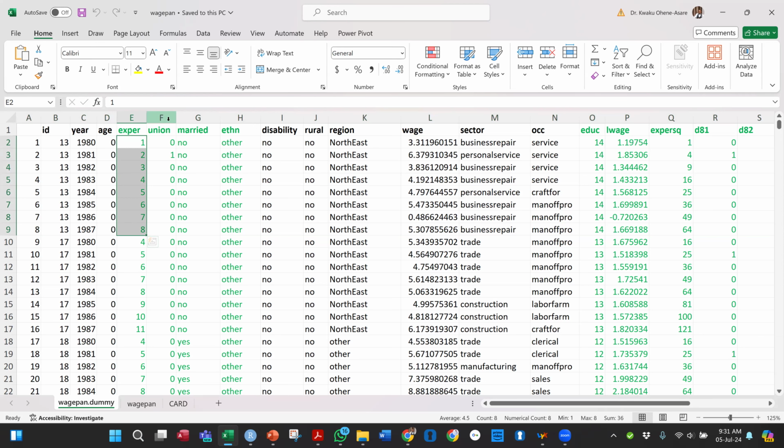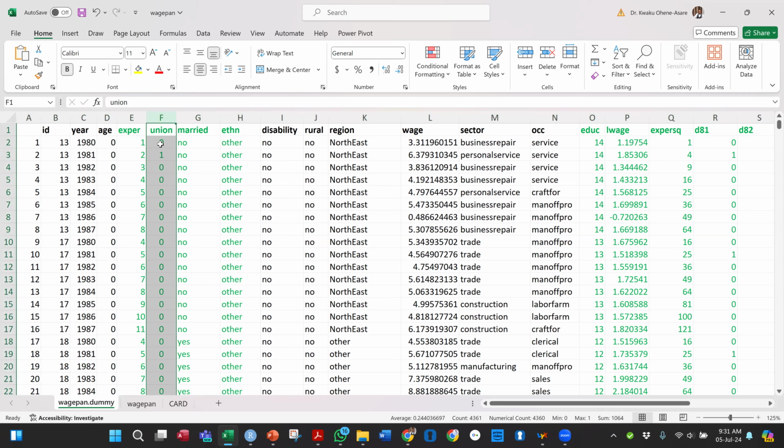Whether the person belongs to a union or not is a dummy. You will notice that in the first year, this 13th guy did not belong to a union. After that, he went into the union. He probably didn't like it, and so he decided to drop out of the union completely. Do you get the point?